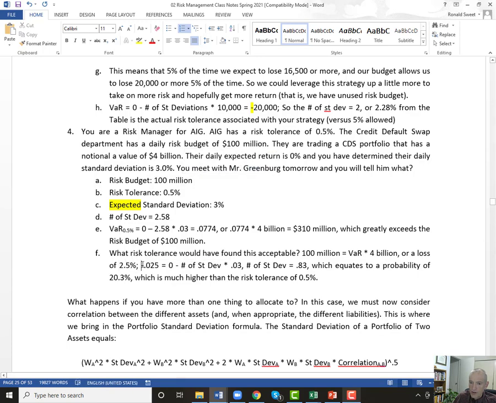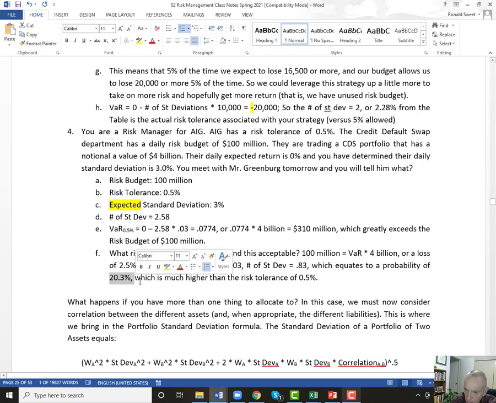So you say we can lose 2.5%. So that's your target. You put your risk budget on the left-hand side as a negative number. A 2.5% loss equals our expected return 0 minus number of standard deviations. That's what we're trying to figure out here. Times 3%, and that gives us number of standard deviations of 0.83, and that equates to a probability of 20.3%.